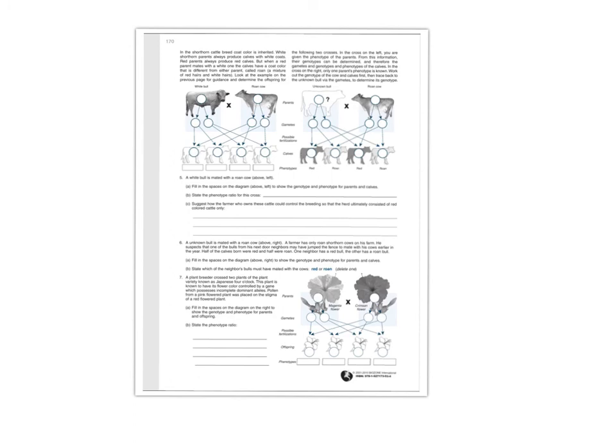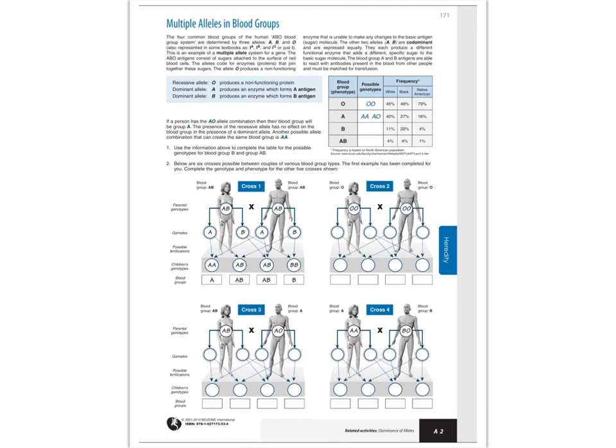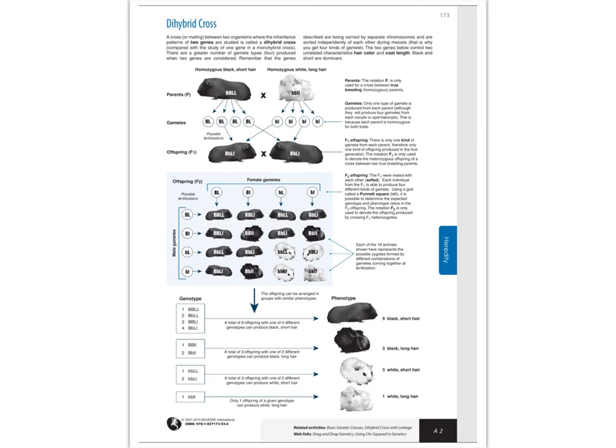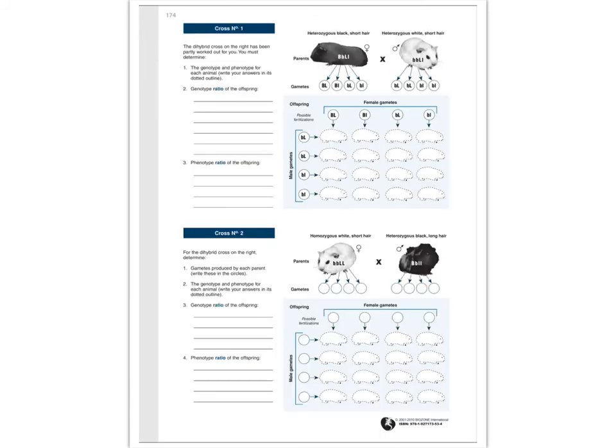That tells you something about the genotype. All right, so here's some more of these drawings. ABO blood group, it's very interesting. Here's some more of these crosses you're going to do. Instead of guinea pigs, you're going to have humans. You can do that. And here's some more guinea pigs and their genotype and phenotype and dihybrid crosses.